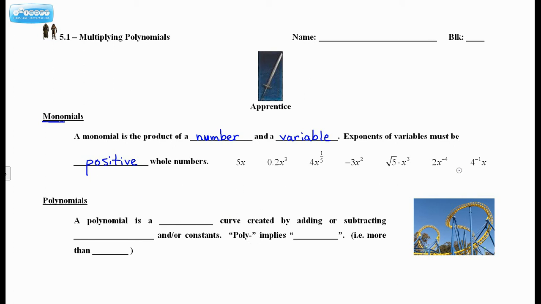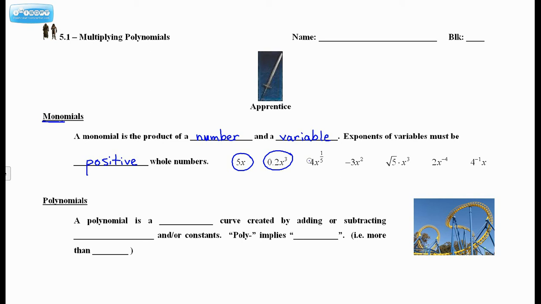So I have a bunch of terms here, and I'm just going to circle which ones are monomials. Okay, there we go, because that is 5, which is a number, and it's being multiplied by a variable x. And there is a power off that variable, it's just an invisible 1. So this is a monomial. So is this. Okay, this is just a number times a variable, and the variable is being raised to a positive whole number.